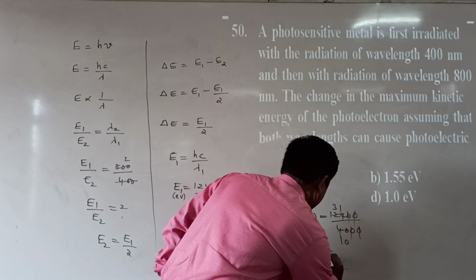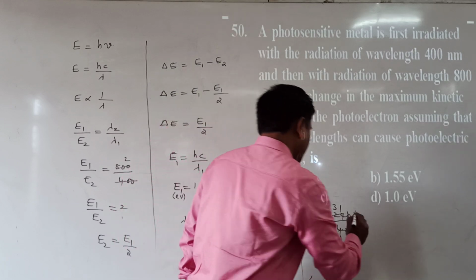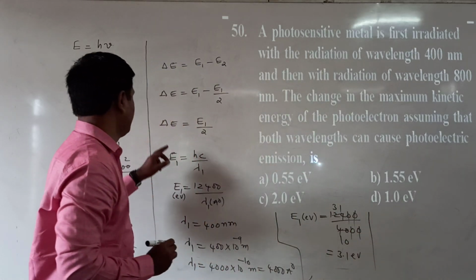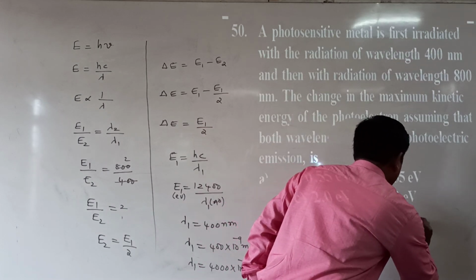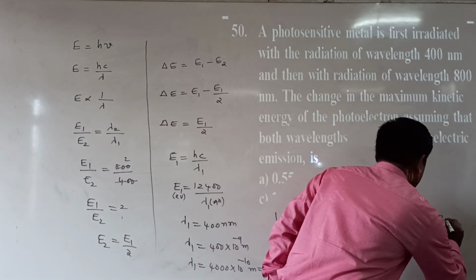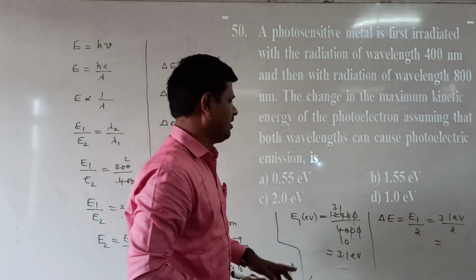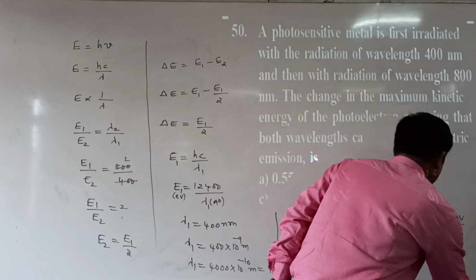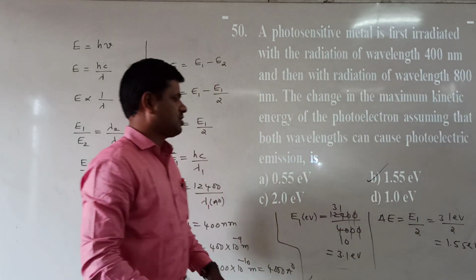Now we are getting this value equal to 3.1 electron volts. This is the E1 value. But what is asked here? Delta E. Delta E is equal to E1 by 2. E1 by 2 means 3.1 electron volt by 2. This value we are getting is 1.55 electron volts. So which option is correct here? B option is correct.